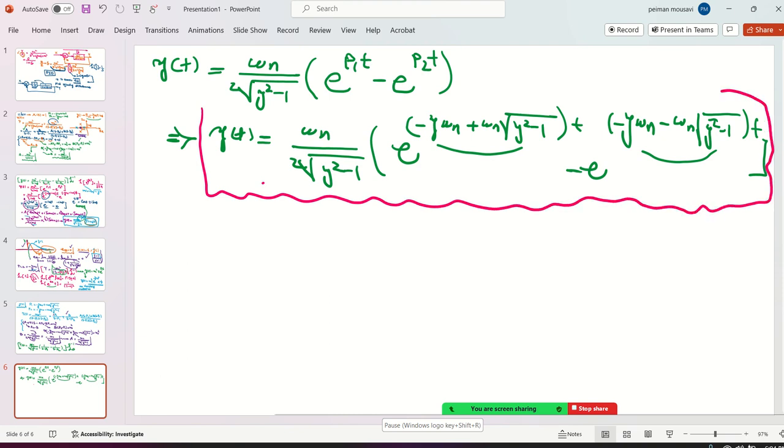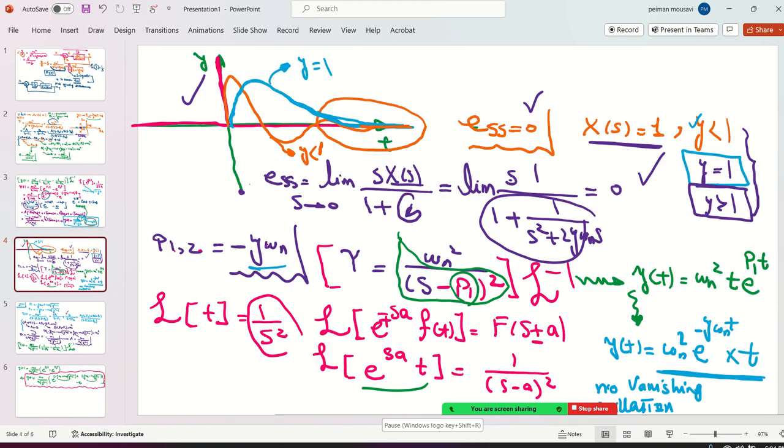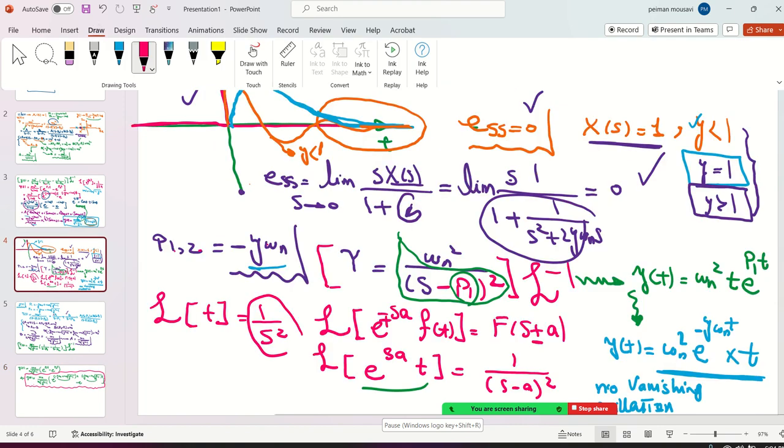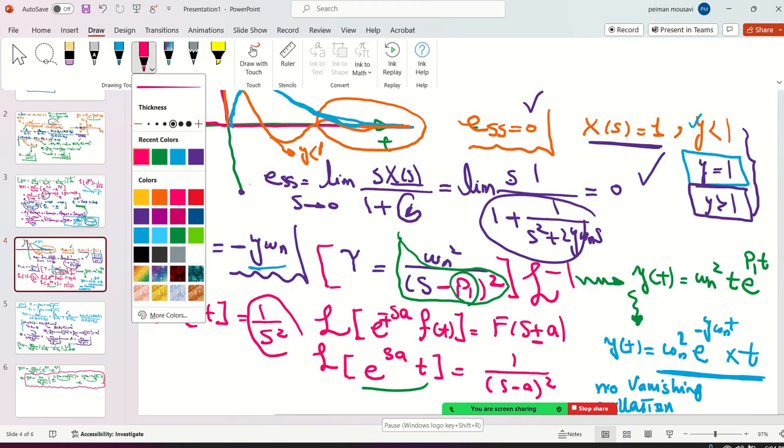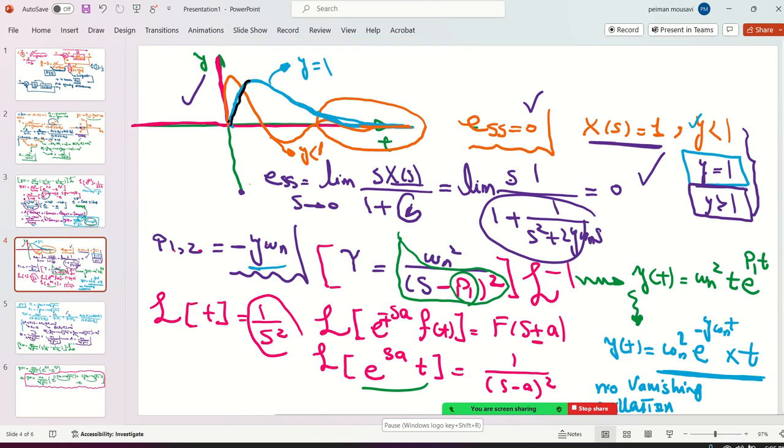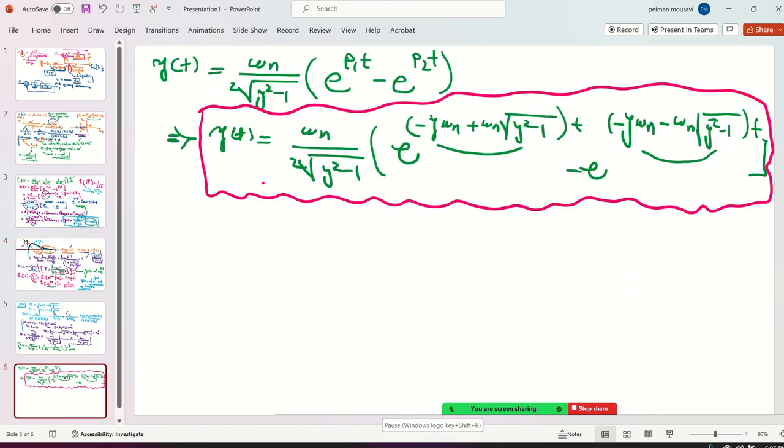As I promised you, I'm going to show you Simulink. If I want to plot it, let me change the color to black. I'm going to have this. This is slower, and obviously no oscillation. See? There is no oscillation term, just decaying terms.